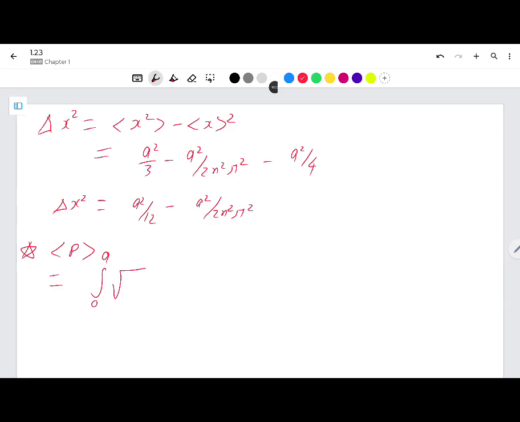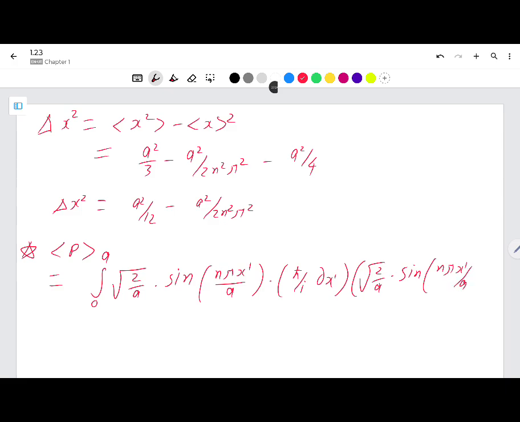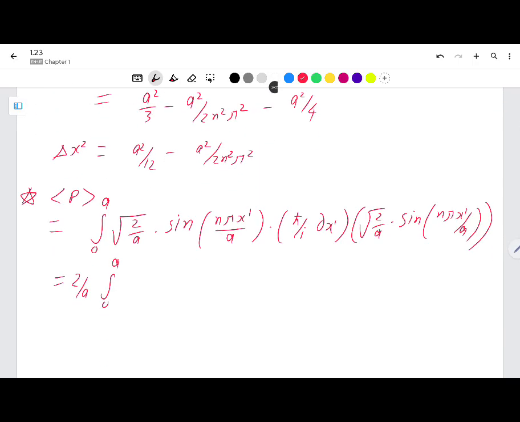There is root 2 by a, sine n pi x prime by a, then the momentum operator, then root 2 by a sine n pi x prime by a. The derivative of sine will give us cosine.